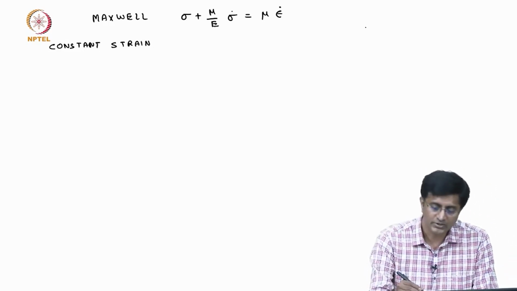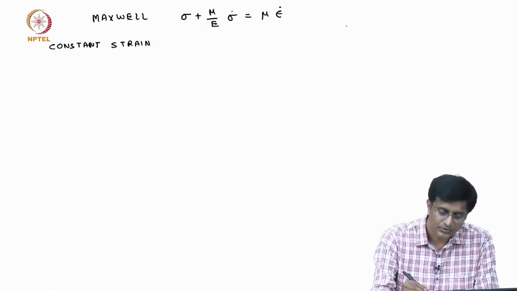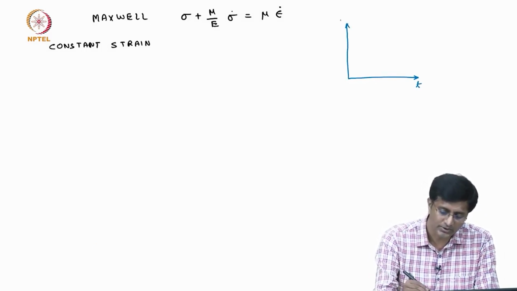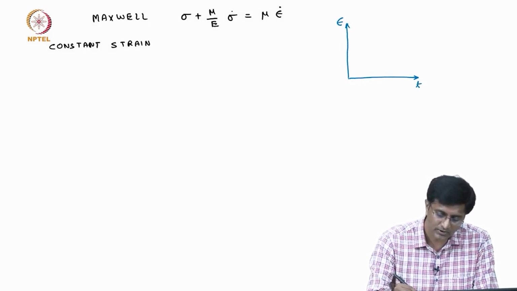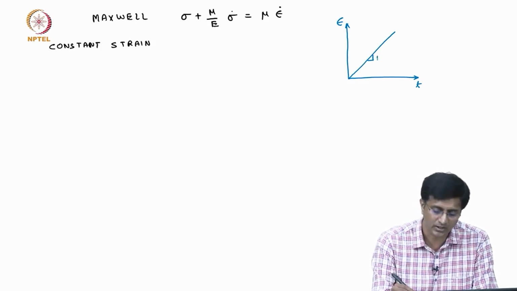Okay. So, let us represent it using a curve. With time the strain responds linearly, with a constant strain rate, and this strain rate we are representing with a constant r.